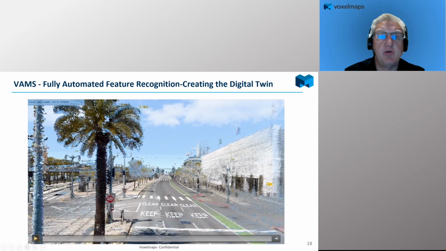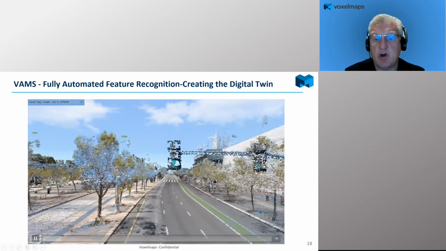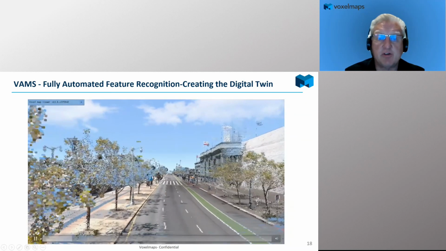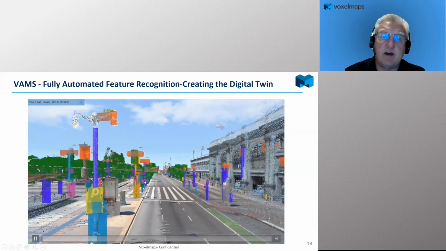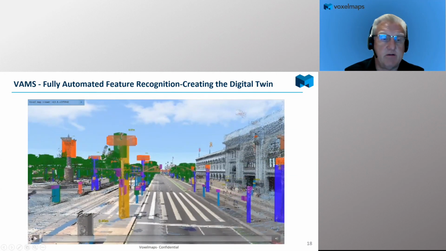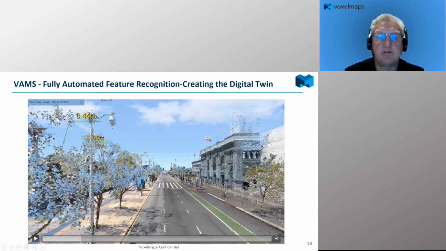This is the Embarcadero in San Francisco, and this is a video showing quickly how... hang on a second, stop it for a second. Basically, we've taken the voxels and colorized them using the RGB values from the camera.